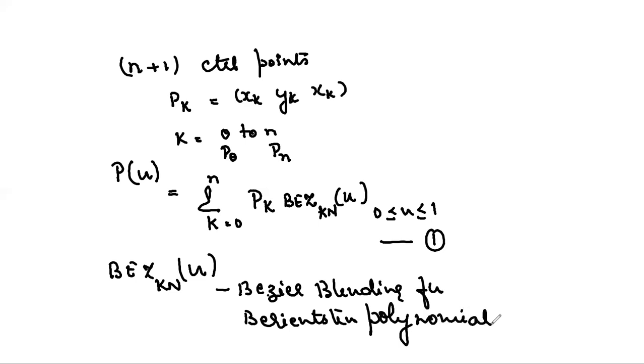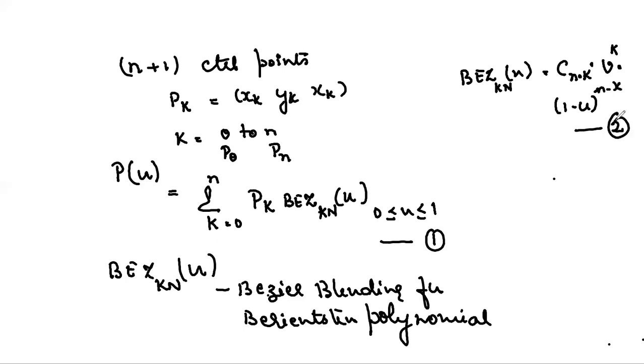It is basically defined as BEZ kn of u equal to C of n, k into u power k into (1 minus u) power n minus k. Let us call this the second equation.